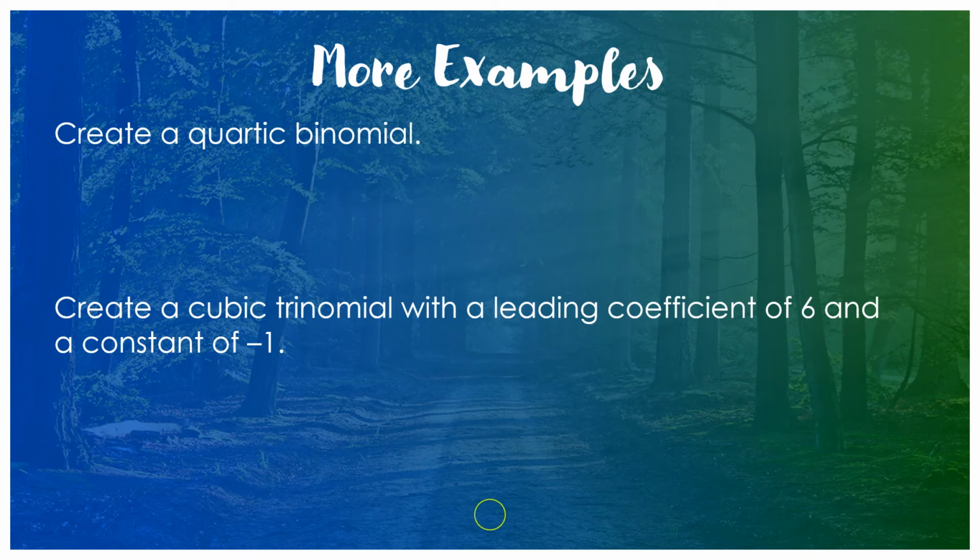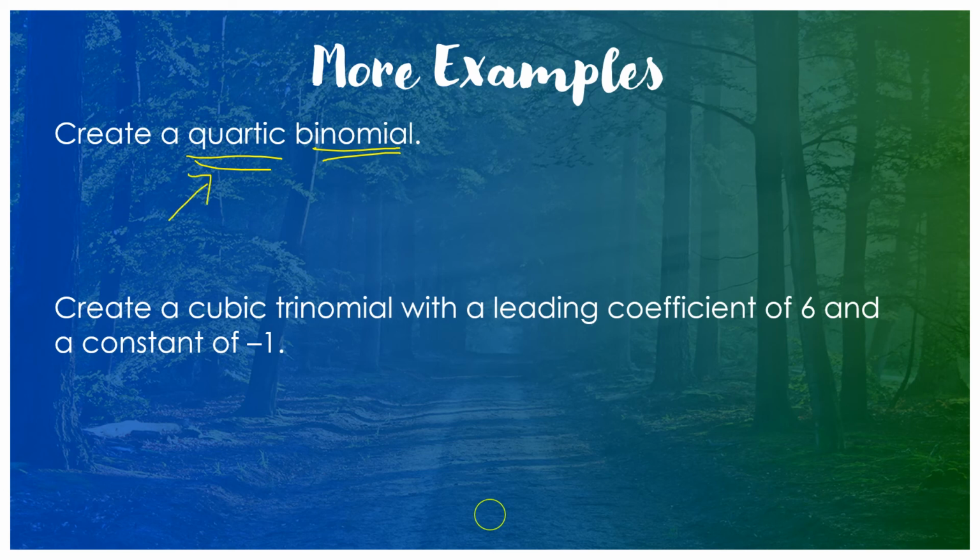Two more examples, and these examples are going to have more than one answer. So if you come up with something different, that's totally fine. So create a quartic binomial. So first I've got to know what these mean and what they represent. Are they talking about the degree or are they talking about the number of terms?